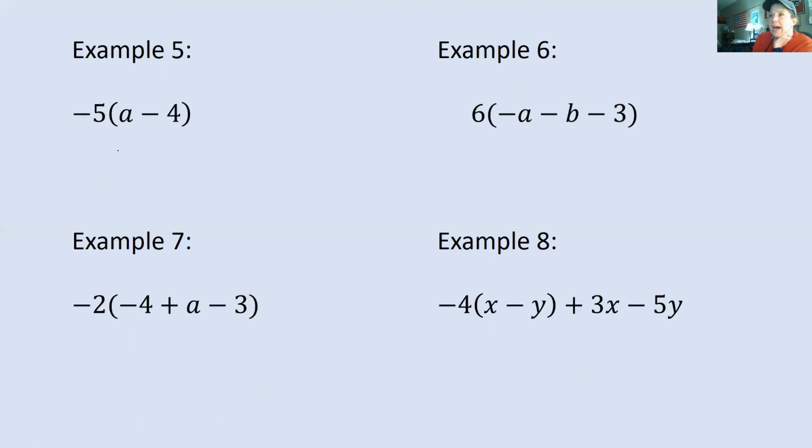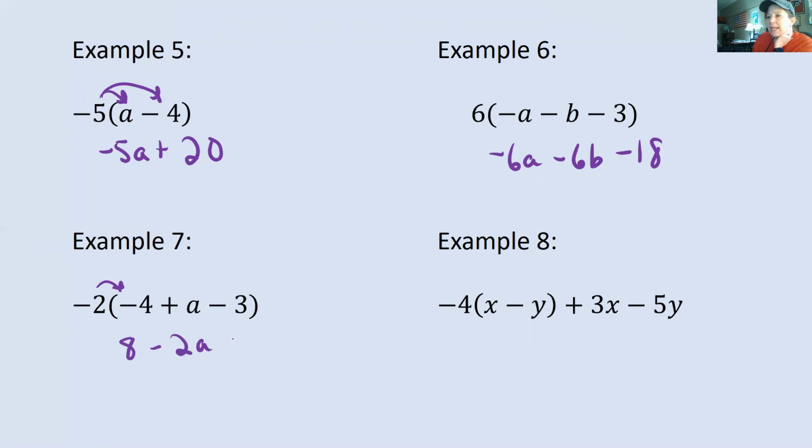So for example 5, we're going to distribute and we get negative 5a, and negative 5 times negative 4 is positive 20. Number 6, we're going to get negative 6a minus 6b minus 18. Number 7, we're going to do positive 8 minus 2a plus 6. We add 8 plus 6 and we get 14.